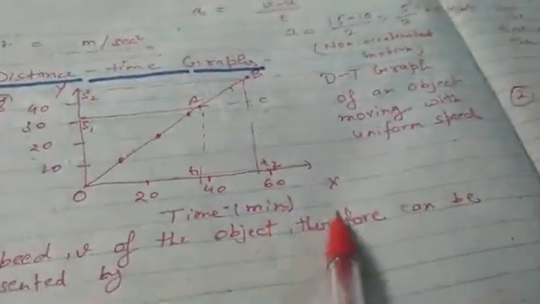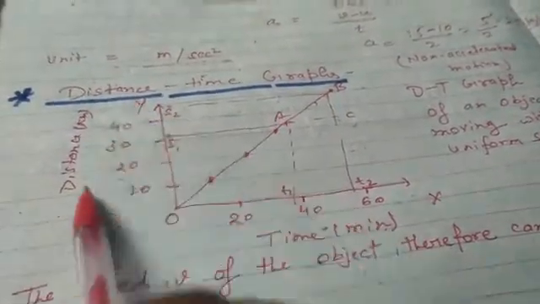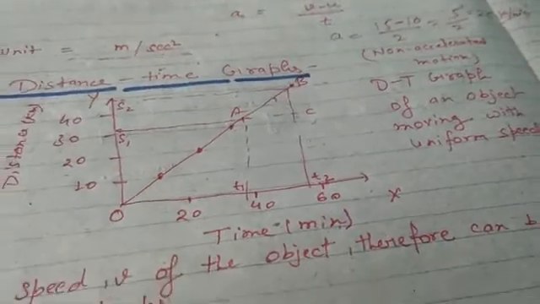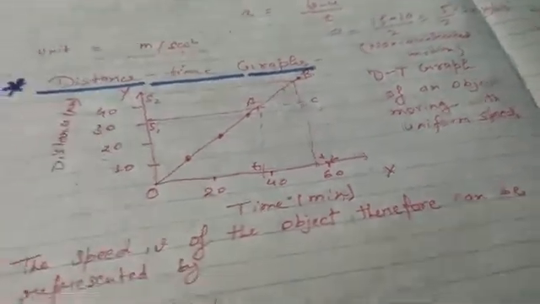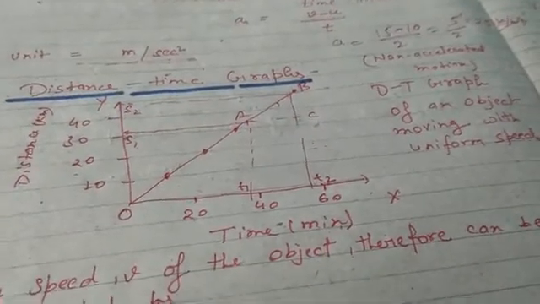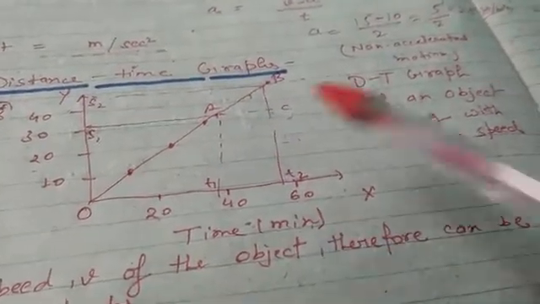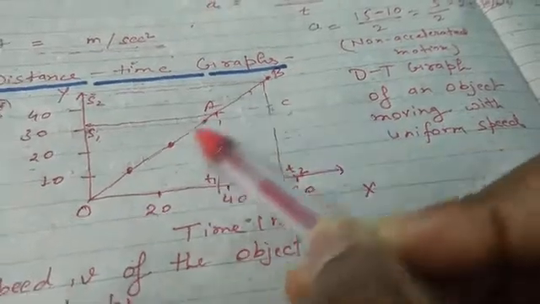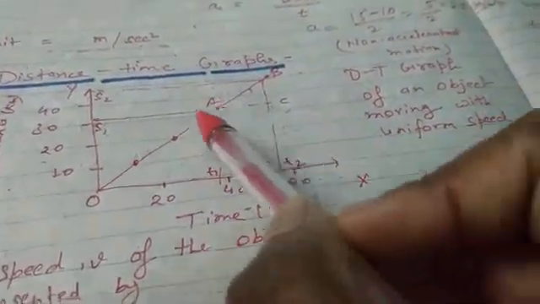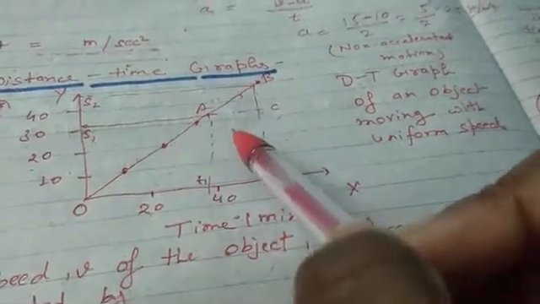On the x-axis we have time and on the y-axis we have distance. If the motion is uniform, that means the object covers equal distance in equal time intervals, then we always get a straight line. Okay, we can find the velocity by finding the slope of this straight line.